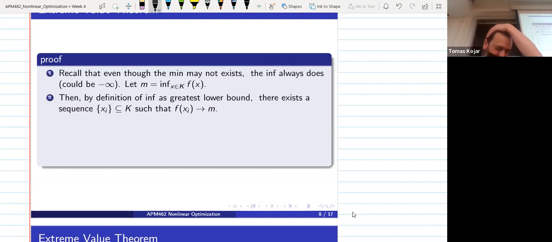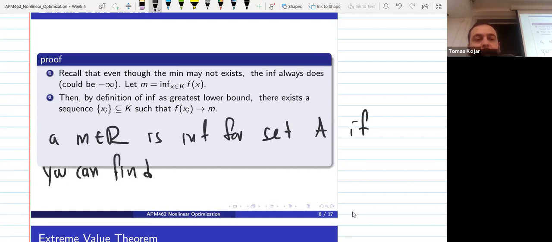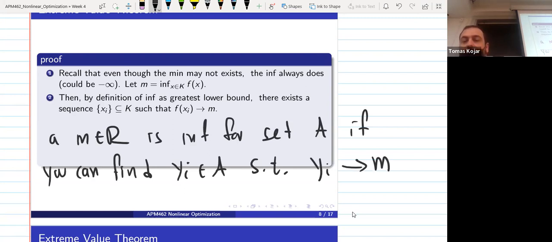A real number M is the infimum for a set A if you can find yi in A such that they converge to M. So yi converges to M from the top.